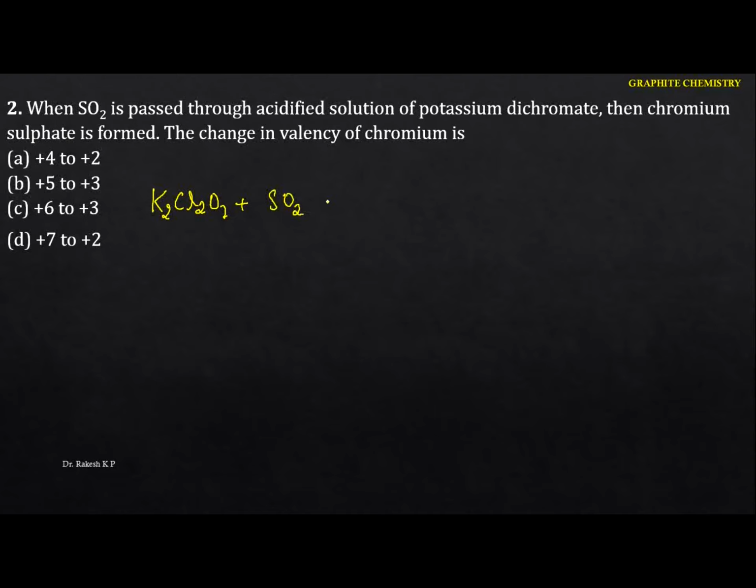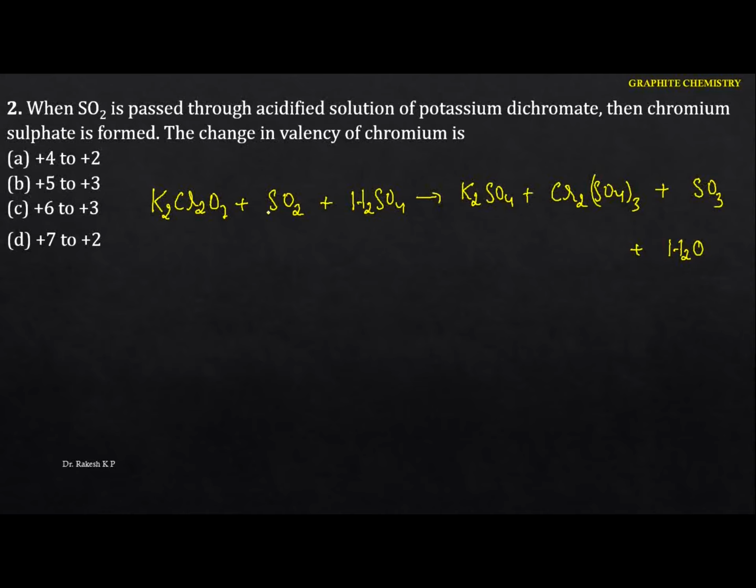Acidified means I'm going to take the acid, sulfuric acid here, which gives potassium sulfate, and the next thing is chromium sulfate. And SO2 changes to sulfur trioxide, and the byproduct is water.